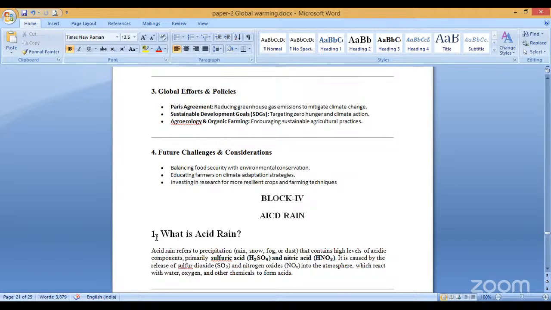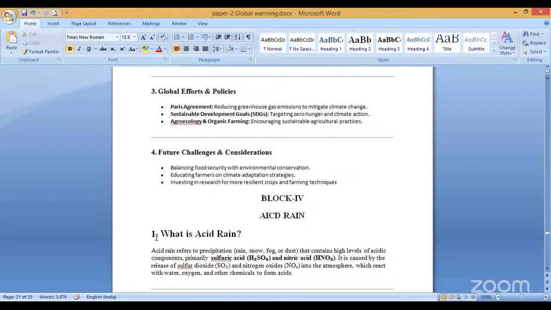Then coming to the next one, global efforts and policies. The Paris Agreement to reduce greenhouse gas emissions to mitigate climate change. The next one is the Sustainable Development Goals, targeting zero hunger and climate action. Next one is agroecology and organic farming, encouraging sustainable agricultural practices and all.